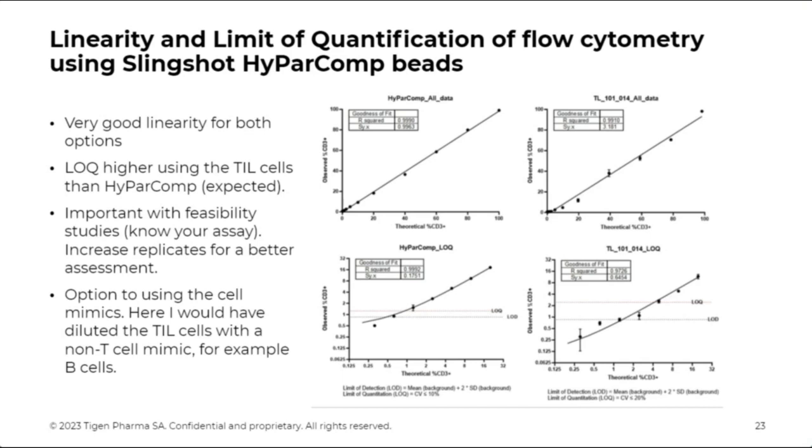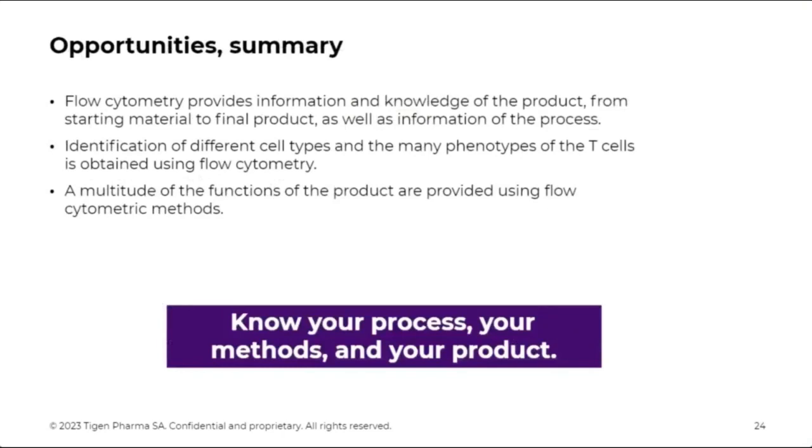And I want to finish up with just summarizing the opportunities that we have for flow cytometry, because I don't think that we could do cell therapy without it. It provides information and knowledge of the product from the starting material to the final product to the patient.